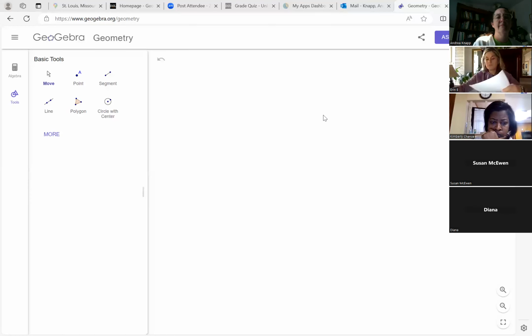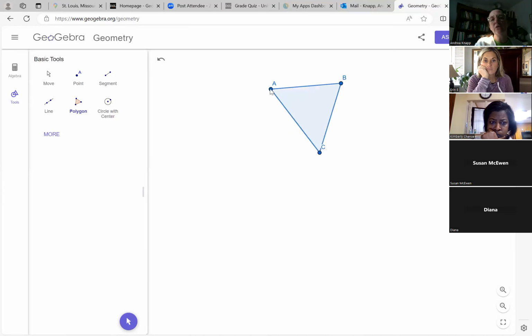Okay, we are going to work on section 12-1A number 13, and we'll use GeoGebra to do this. We could make our own triangle just by clicking the polygon tool and then measure all the angles and all the sides and work from that.